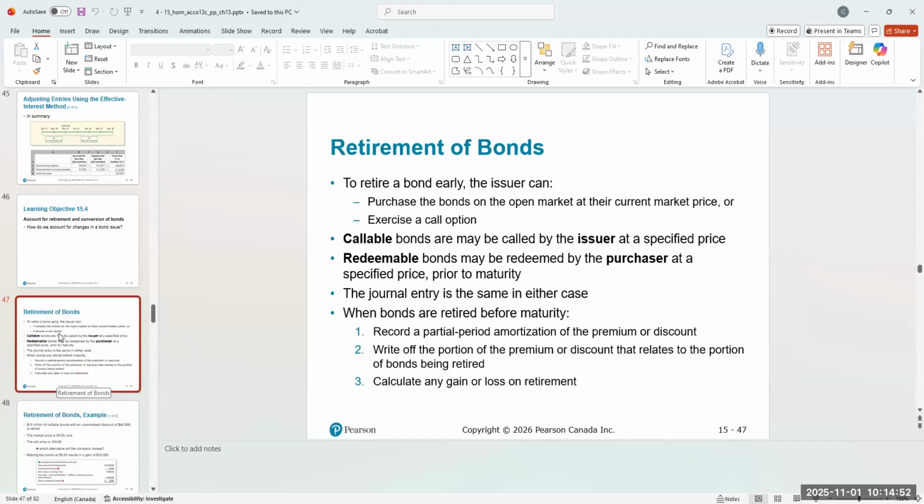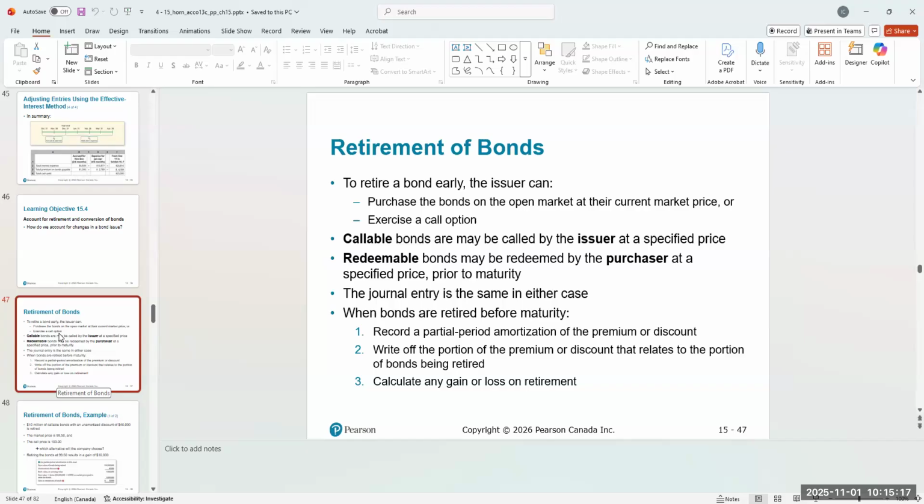Same thing like selling property, plant, and equipment. The first thing that we have to do is bring the amortization schedule up to date. It means that if we have a premium or discount, we have to bring that premium or discount up to the day on which the bonds are sold.